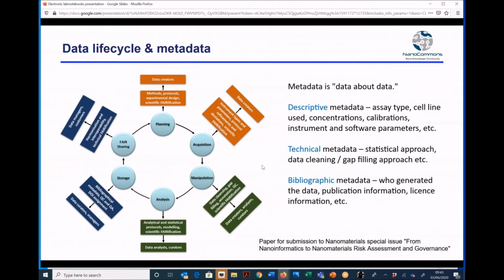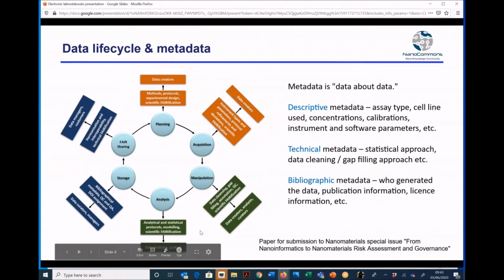And then the final piece outside each of these is the who's responsible. So who is responsible for providing the metadata. And for the descriptive ones, it's definitely the data creators, because they're the ones who'll know about it. So the person who is in the lab doing the experiment. As we start to get to the analysis and the manipulation, it's usually still the data creators, but sometimes now we also have analysts.